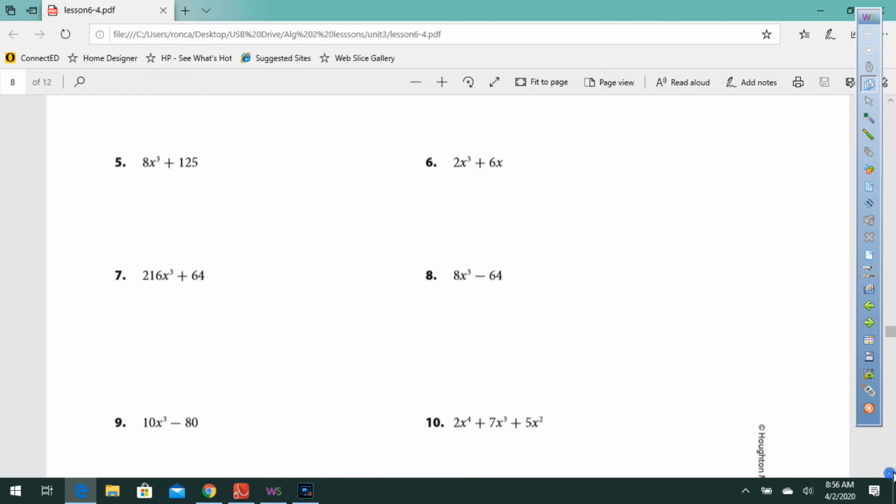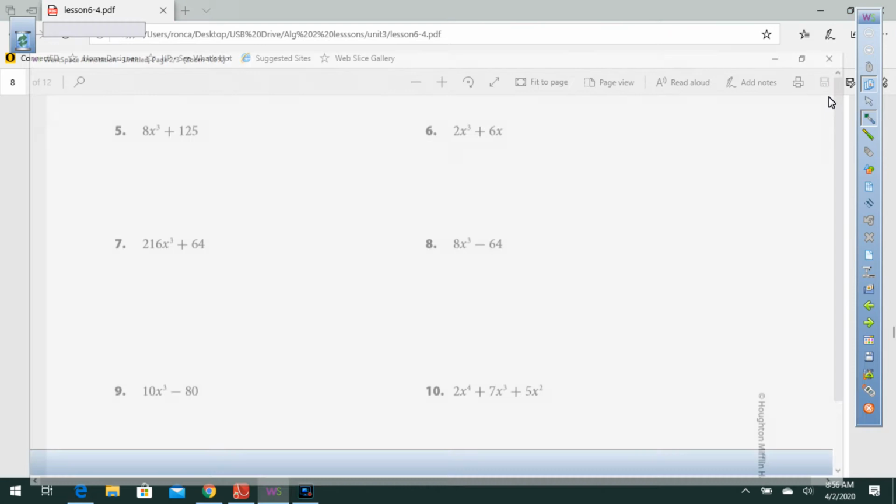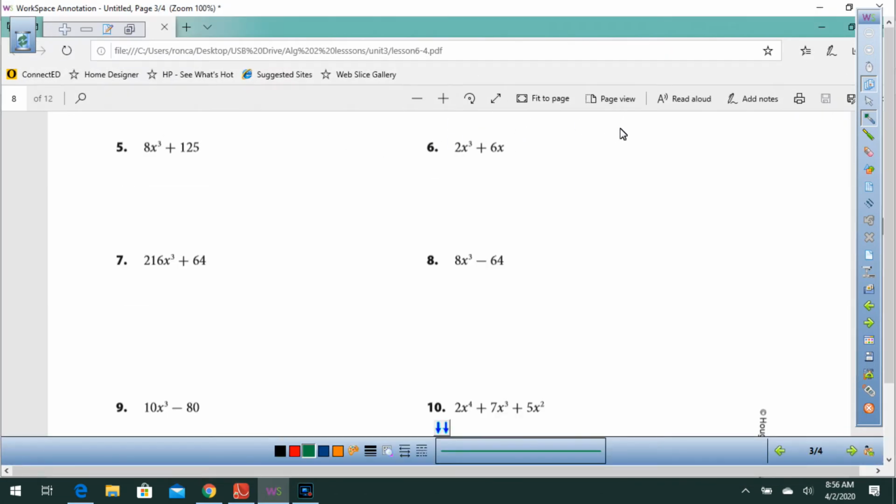Let's take a look at number 5 here. Step 1, greatest common factor. So what's the greatest common factor of 8 and 125? Just one. Step 2, how many terms? 2 terms. Okay, so we got 2 terms.